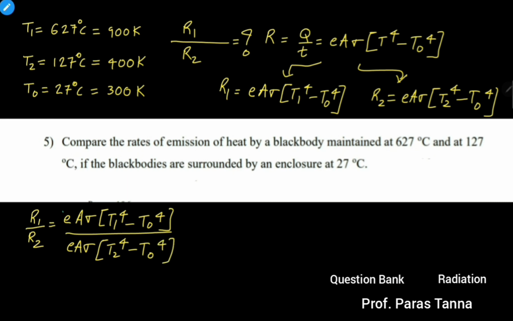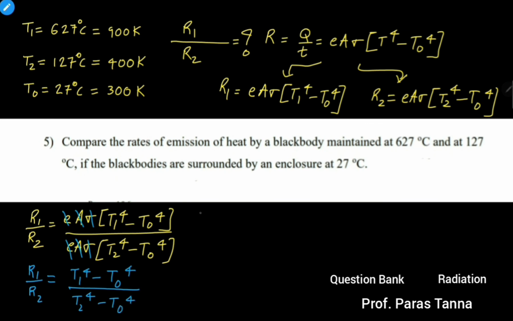So students, E will be getting cancelled, A will be getting cancelled, sigma will also be getting cancelled, and we get R1 divided by R2 is equal to T1 raised to 4 minus T naught raised to 4, the whole upon T2 raised to 4 minus T naught raised to 4.